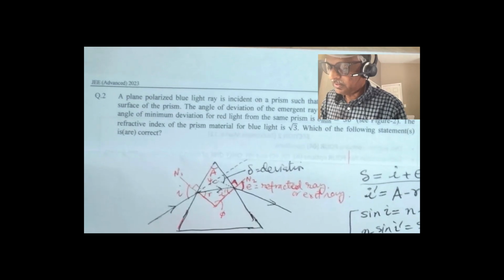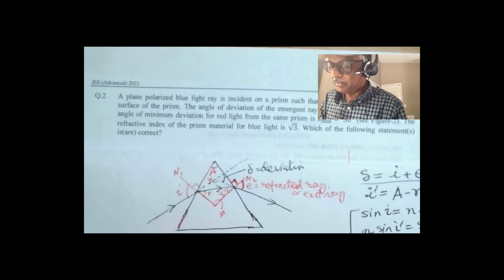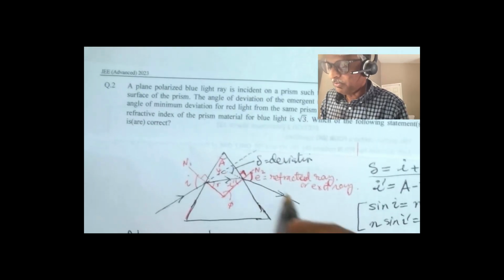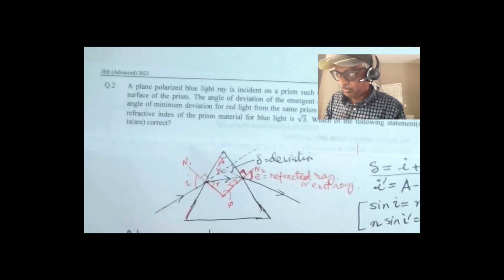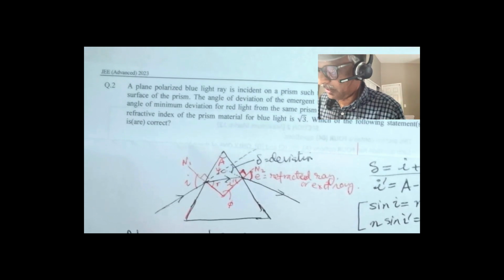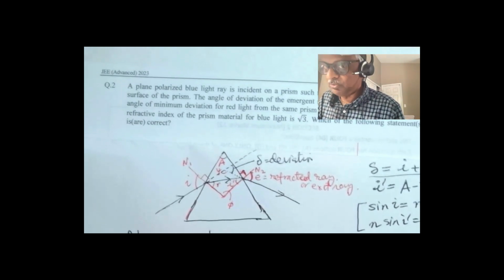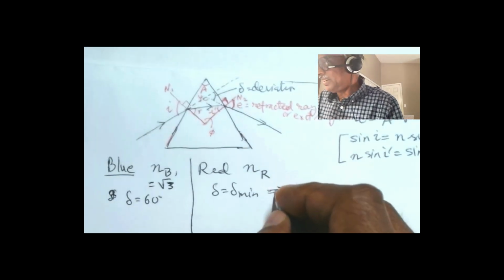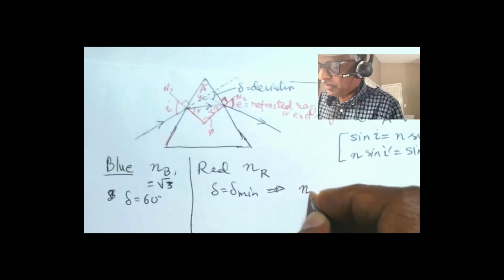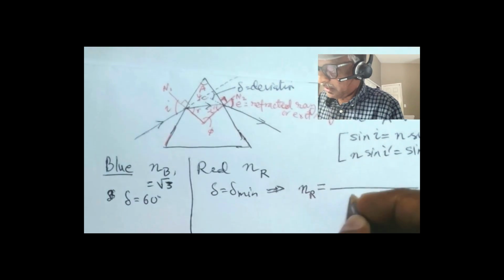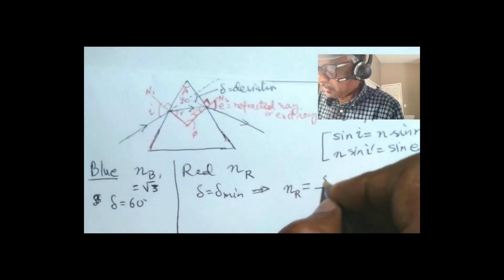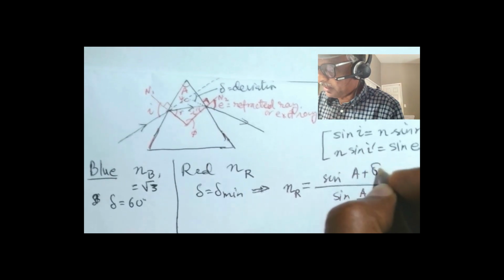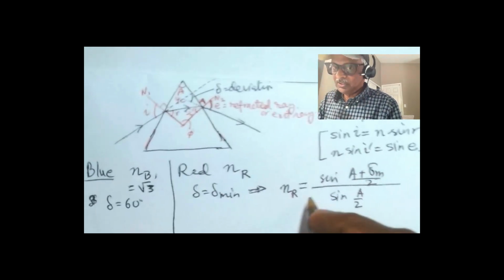Here the deviation is delta equals delta min, the minimum deviation. Minimum deviation is from the symmetry. You can actually guess the formula, but this would mean you really need a formula for the minimum deviation: the refractive index is sine of A plus delta m over 2 divided by sine A over 2.